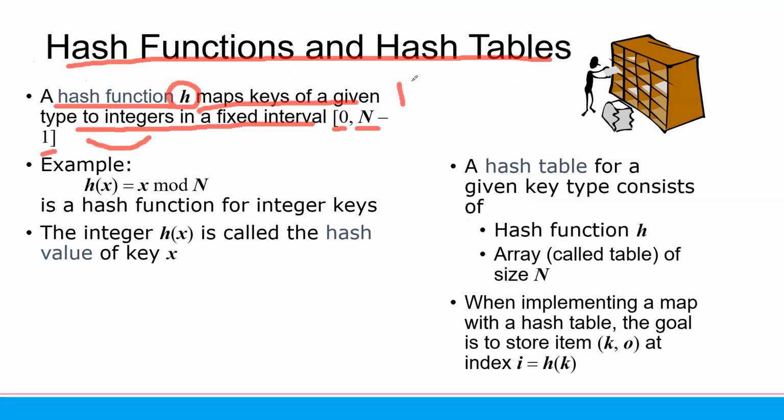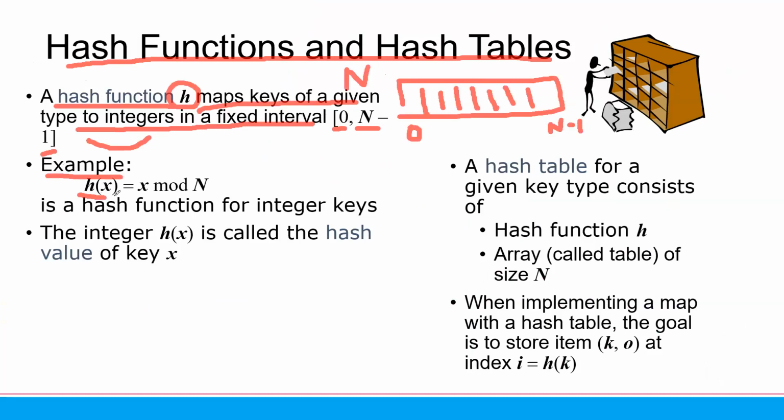Because we know if we have a list or a dictionary, we can have some data, let's say of size n, so the index will be from 0 to n-1. For example, we have x, a kind of data.